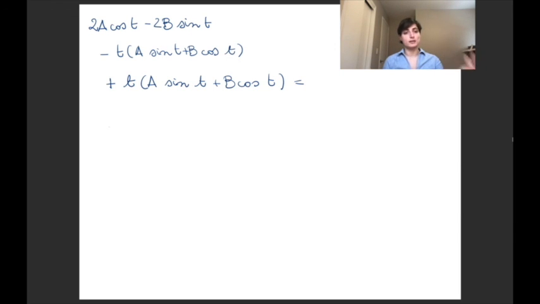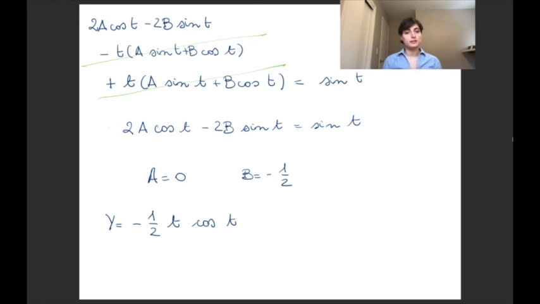The ODE is y second plus y. And if we calculate this and set it equal to sine of t, that is the right-hand side that we want to solve for, we retrieve something that fits. We retrieve that a is equal to 0 and b is equal to minus 1/2. So we have a guess for our particular solution that is minus 1/2 t cos t.